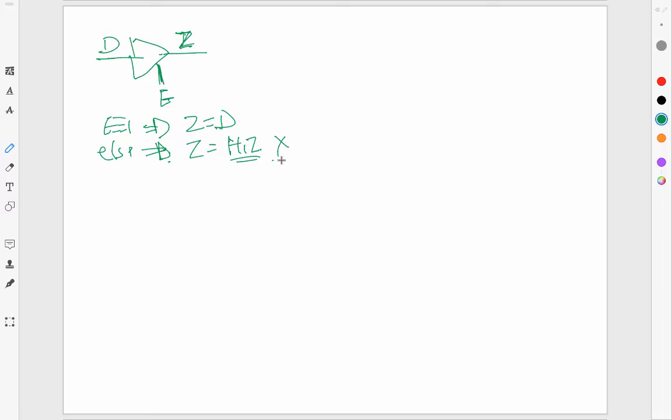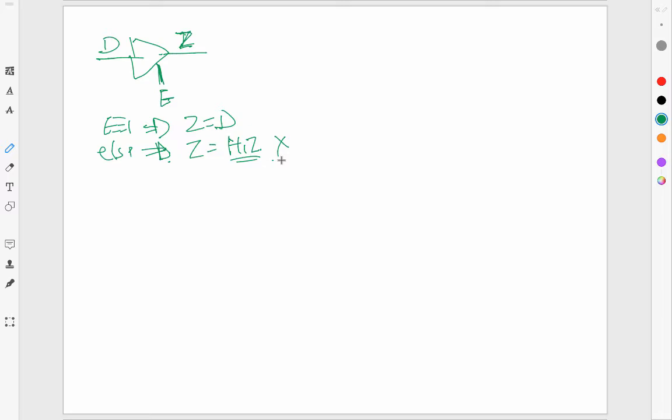When we look at these kinds of buffers, the main thing to remember is that we can tie the outputs together. This is the only type of gate where we can tie the outputs of more than one gate together, as long as you obey certain rules. The main rule is that it should never be the case that 2 or more gates have their outputs tied together and are driving the output in different directions, one to 0, the other to 1.